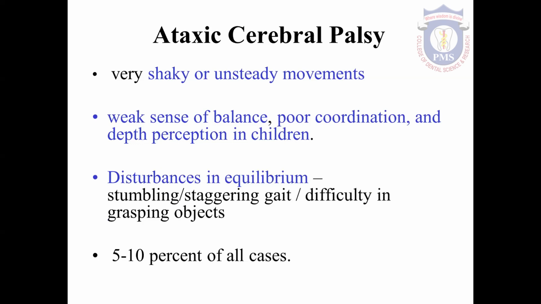As I have mentioned before, if you're climbing down the stairs, normally we can climb down even without light because we know how much depth is there, and the uniform depth will also be there. So we have that perception and we can keep on walking. But for these children, their depth perception won't be there, so they might fall. And their equilibrium also will not be proper, and because of that also they will fall.